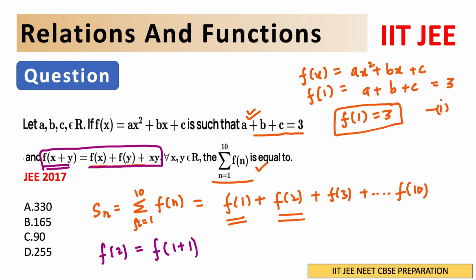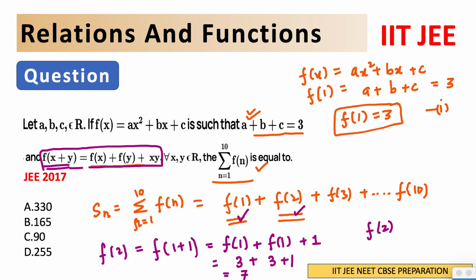So this will become f(1) plus f(1) plus 1 into 1, x into y, so it will become 1. So f1 is 3, f1 is again 3, plus 1. So 3 plus 3 is 6, 6 plus 1 is 7. So we have found out f2 also. Let us mark this result also: f2 is equal to 7.